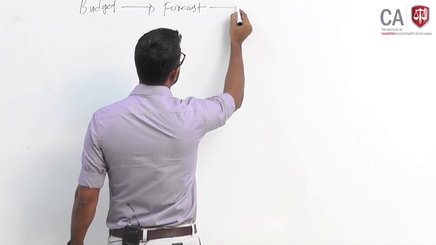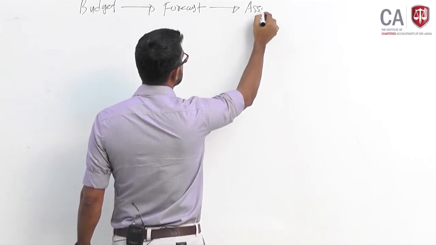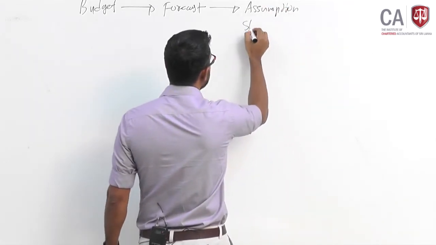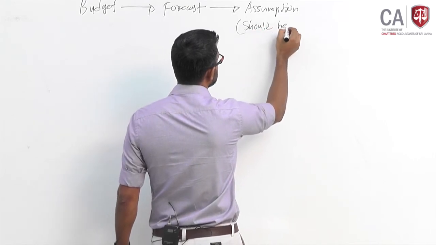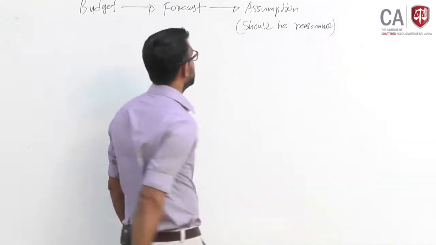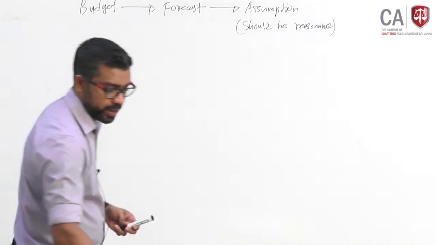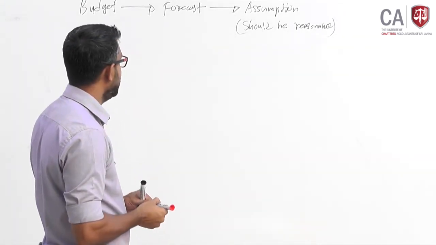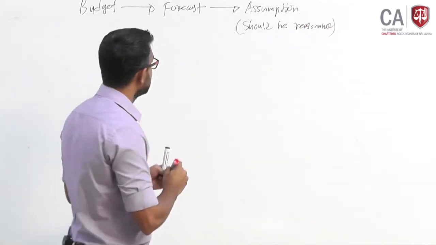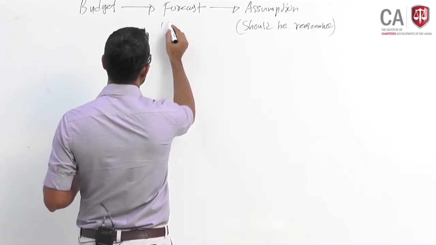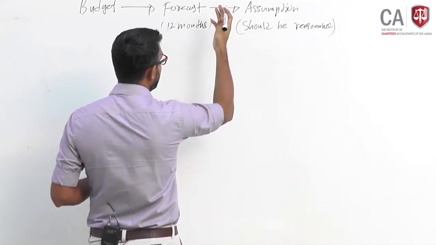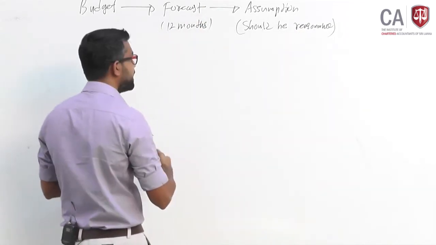Forecast means it's based on assumptions, and the assumptions should be reasonable. With a reasonable background you can prepare a forecast, maybe 12 months max. If you go beyond 12 months, there's a problem with reasonableness.